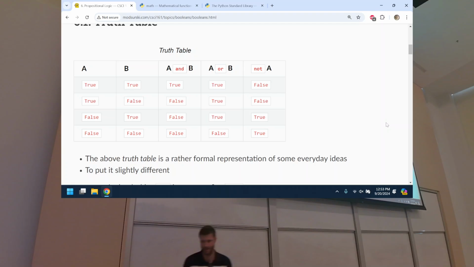One thing I want to emphasize here is, it's funny, every year on the final exam, I will ask questions about true or false. And if I were to ask a question like, am I wearing a hat and a shirt, you'd be able to answer it.